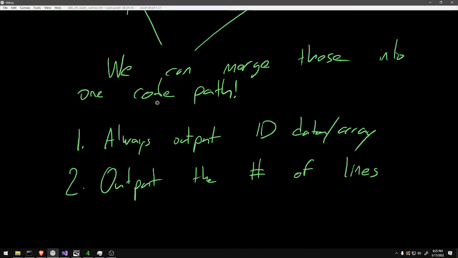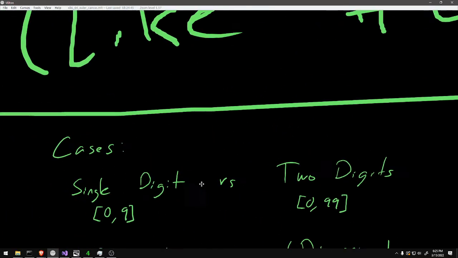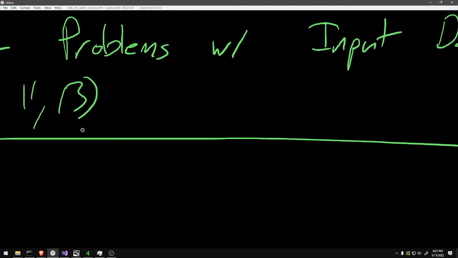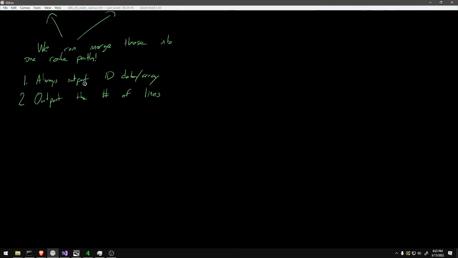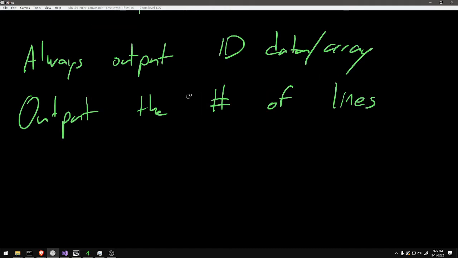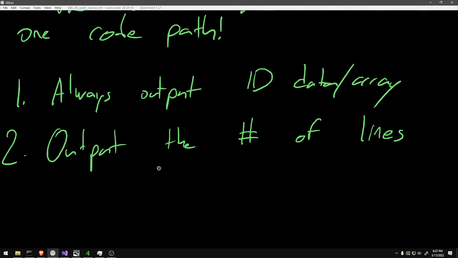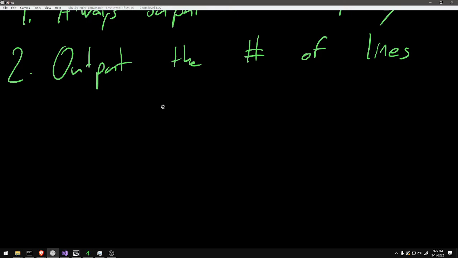Which problem was it that we were looking at there? 18? Yeah. So for a problem like 18 where it's not a square, we would want to treat the number of lines in a different way. So the idea is, in the one-dimensional case, we ignore the lines.